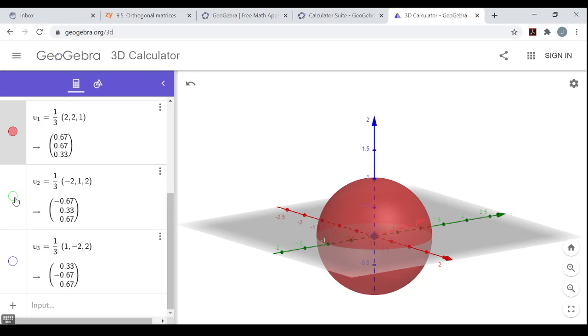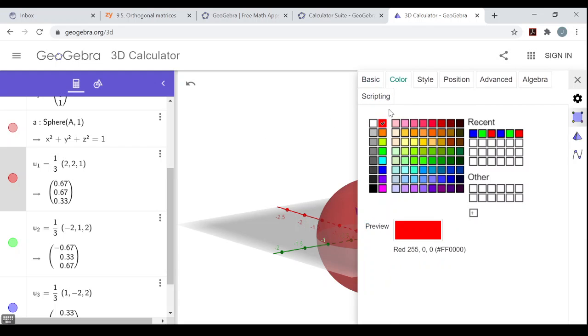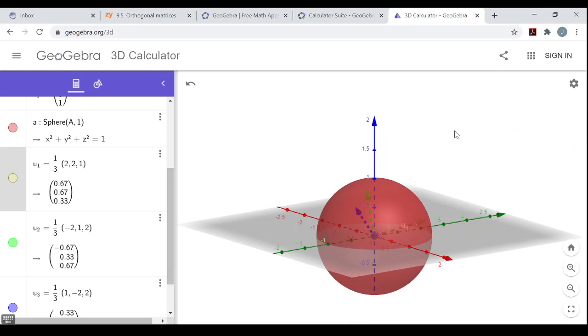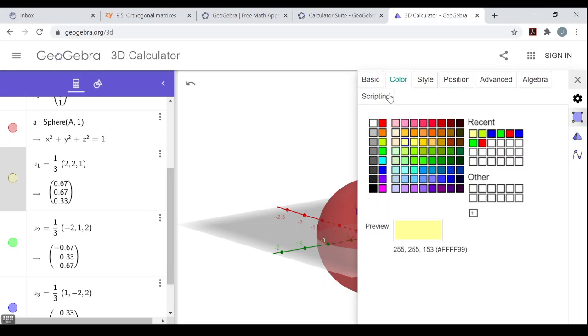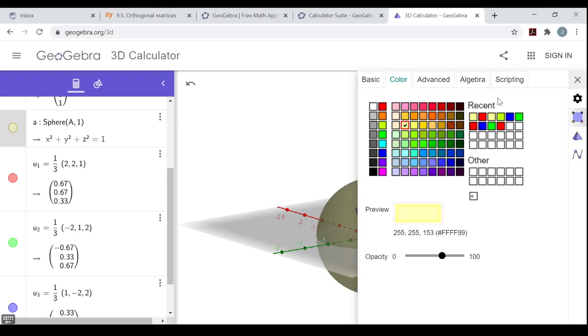Maybe I'll lighten up the color of the sphere, like this pale yellow.